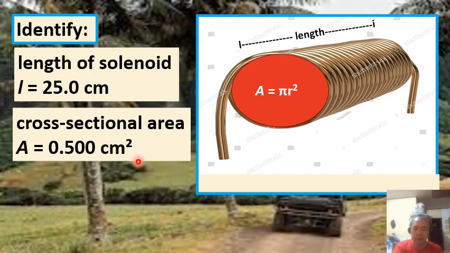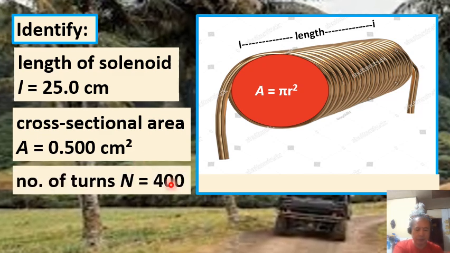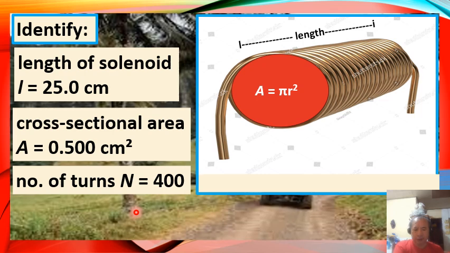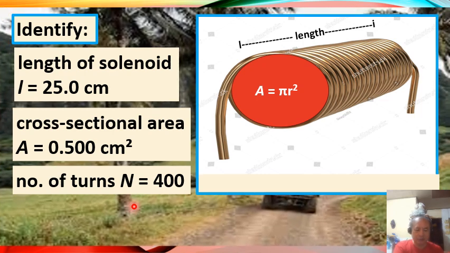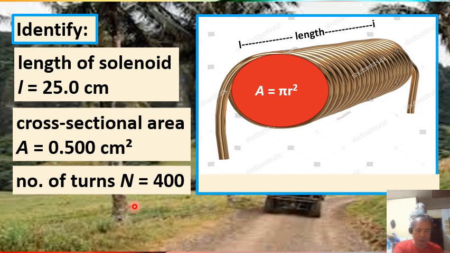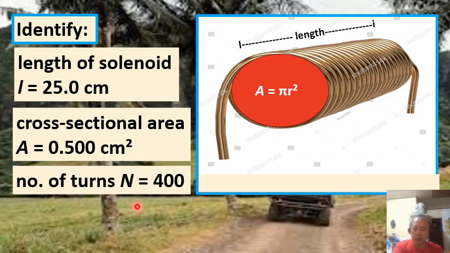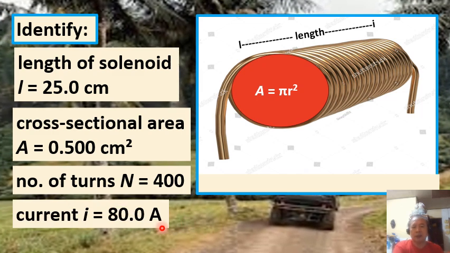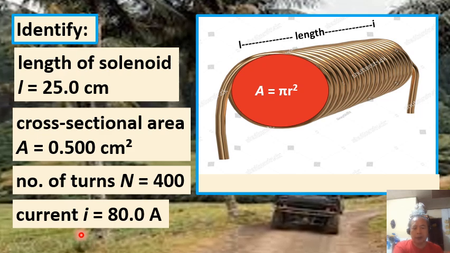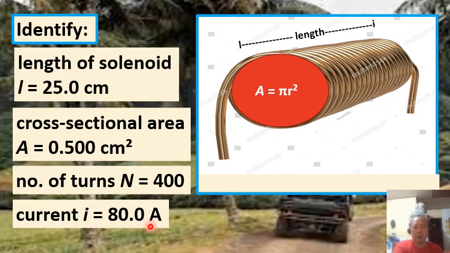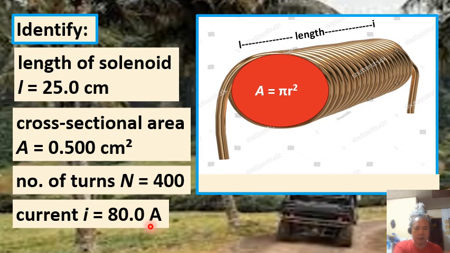The solenoid has 400 turns or windings. And the solenoid carries a changing current denoted by small letter I equal to 80.0 amperes.